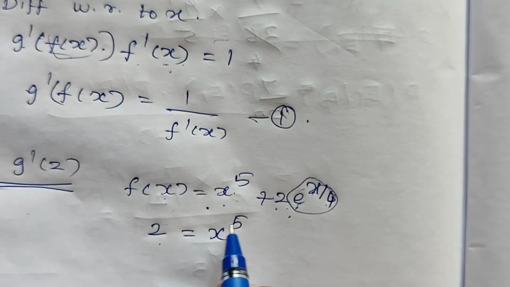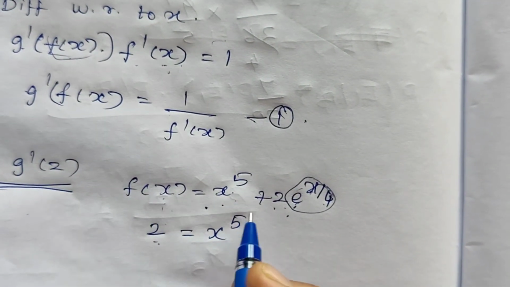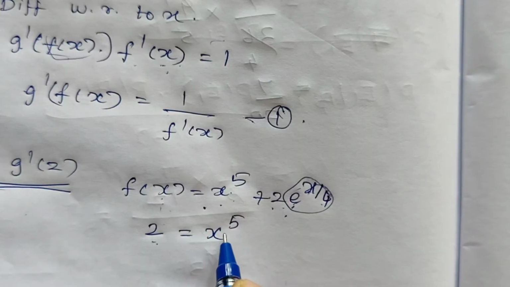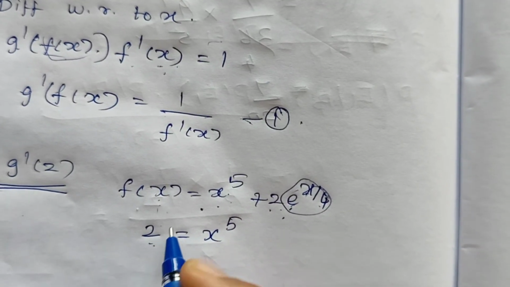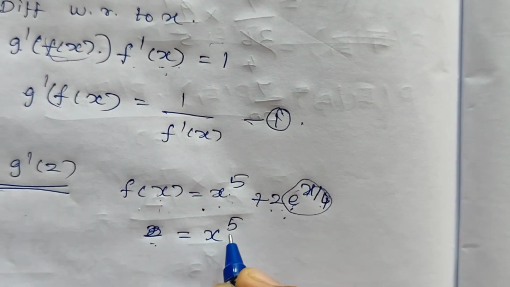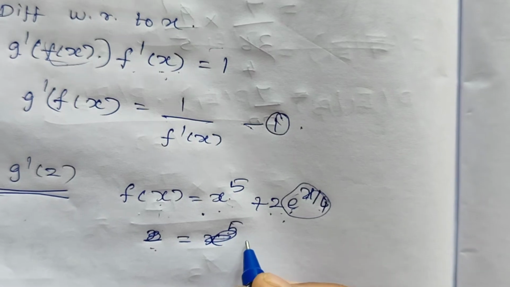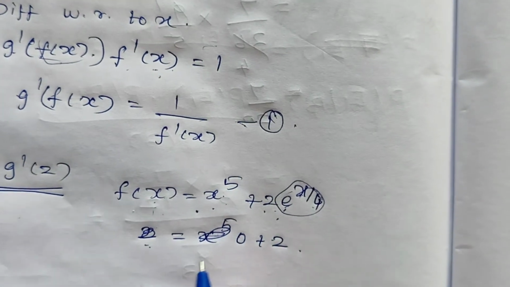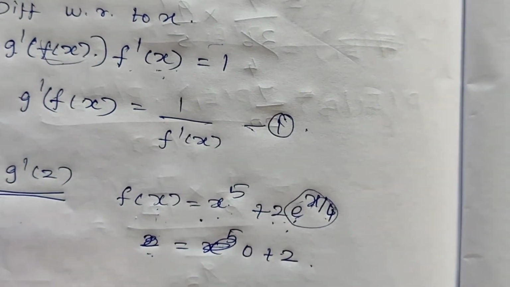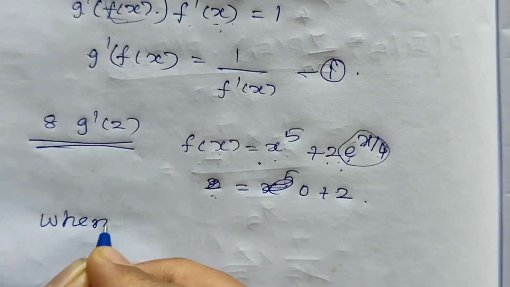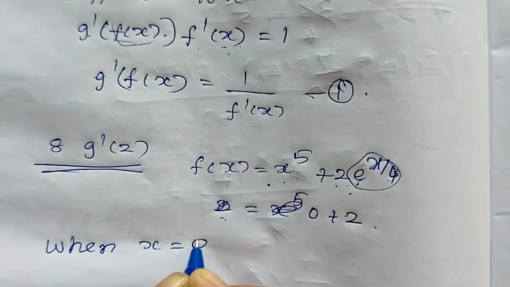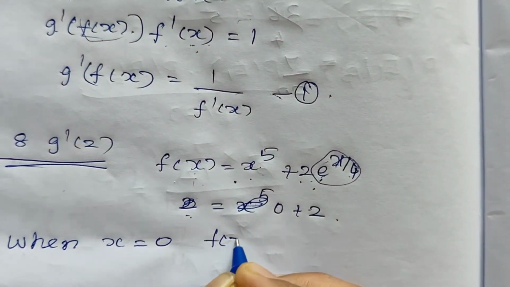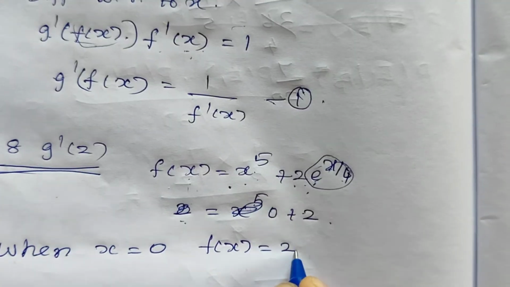So when f(x) equals 2, the value of x is 0. That is, if I substitute 0 here, we get 0 plus 2. So when x equals 0, f(x) equals 2.